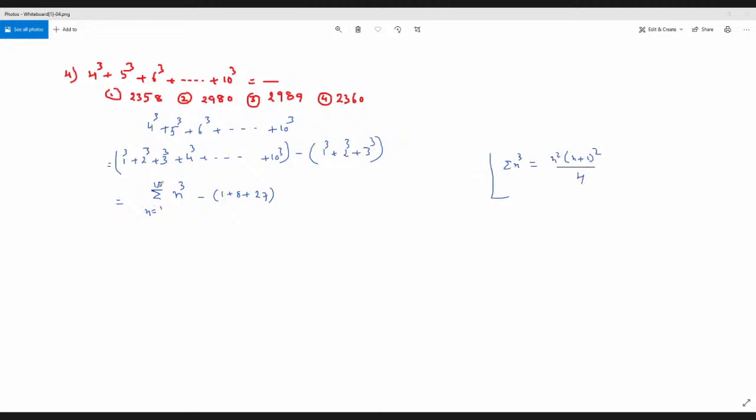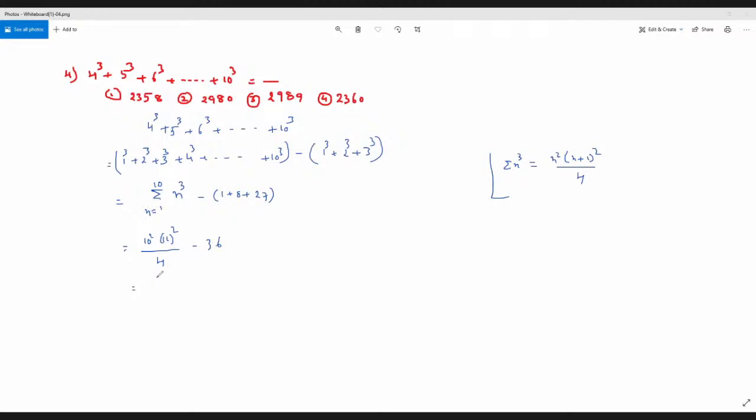But here n value is up to 10. So sigma n power 3 is 10 square into 10 plus 1 whole square, that means 11 square, divided by 4. Okay, na? n square n plus 1 whole square divided by 4 minus 36. Then calculate.